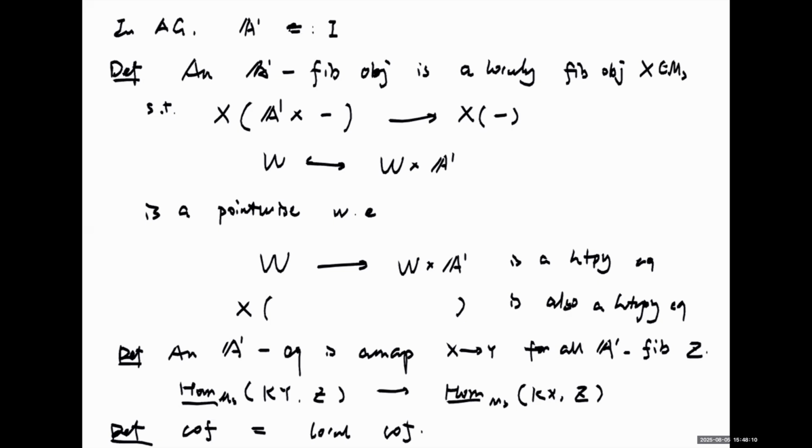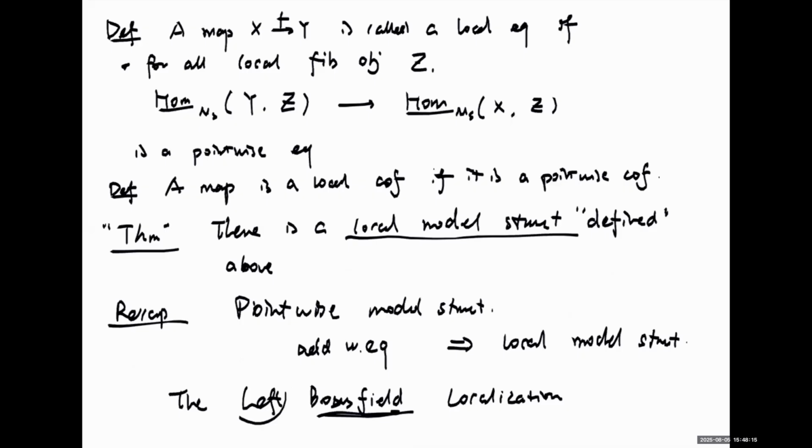And the third definition is cofibrant, which is the local cofibrant. Again, we do not change the cofibrations. It just occurred to me that I am a little unsure about the left-hand side or right-hand side, whether this should be left or right.